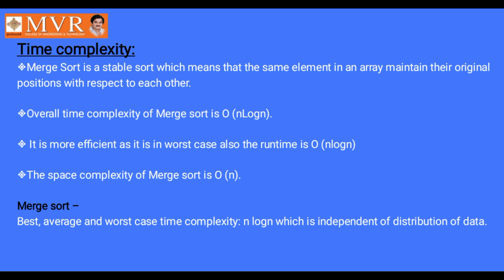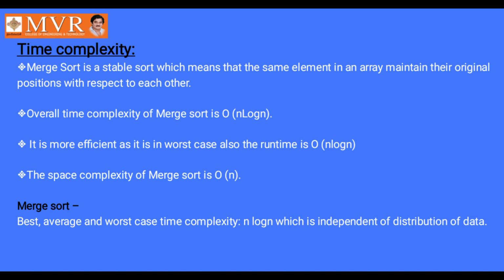It is more efficient as even in the worst case it is O of n log n. That is, the merge sort algorithm maintains a time complexity of O of n log n. The time taken for running the algorithm is O of n log n in any case, whether best case, worst case or average case.